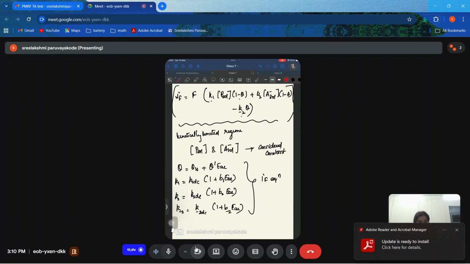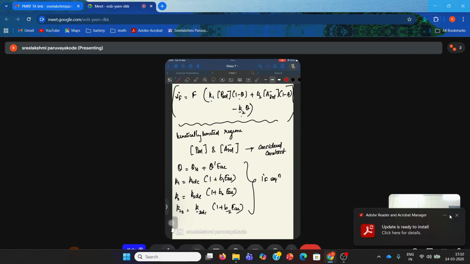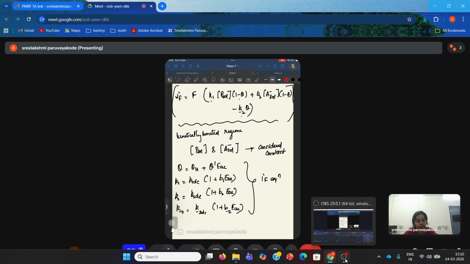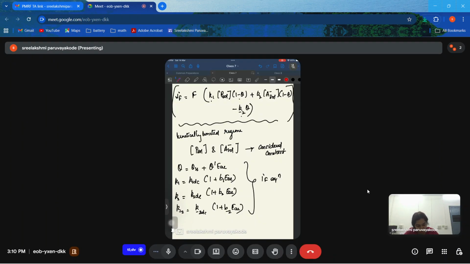Then we write IF. So IF we wrote. Now how is it different? We are considering the P solution, A solution. Theta is equal to theta SS plus theta dash EAC.